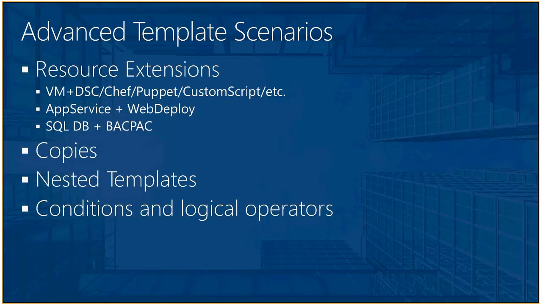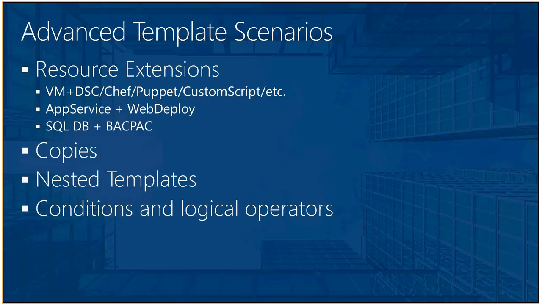Okay, so obviously we have more advanced template scenarios as well. As already called out, we are able to extend. So whether you deploy a virtual machine or app services or SQL databases, you can use extensions. So you can have ARM interact with the virtual machine, the guest operating system.